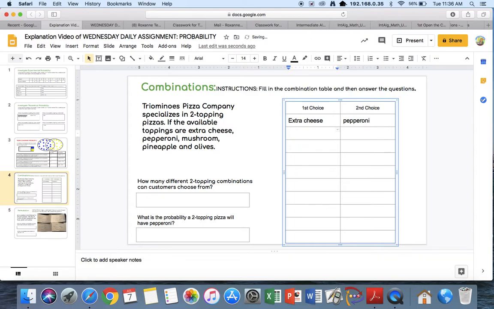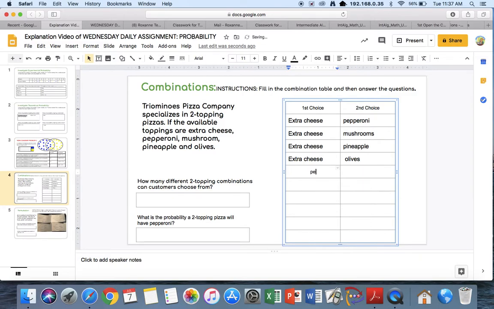All right, or we could have extra cheese and we could have mushrooms, or we could do extra cheese and we could have pineapple, or we could have extra cheese and we could have olives. Okay, so that's one set of combinations we could do. Or let's move to the next one.